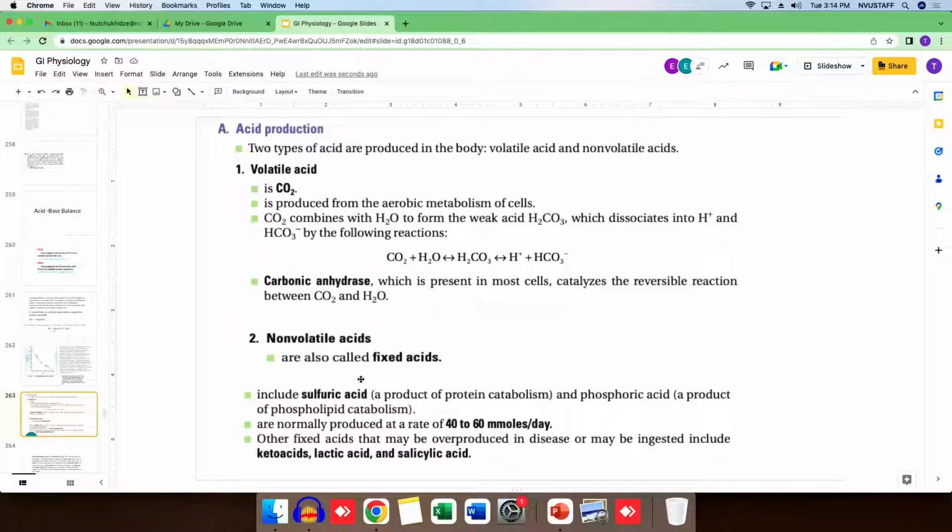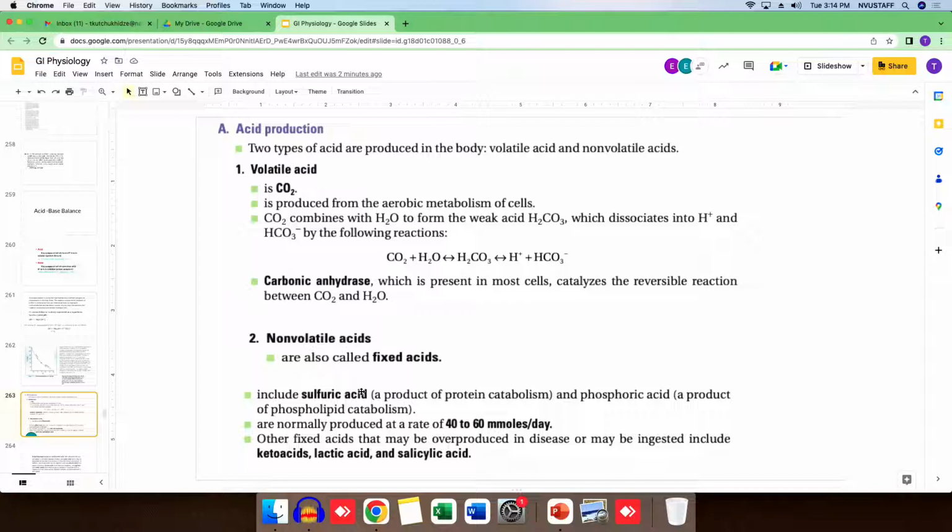And we have non-volatile acids, which are called the fixed acids, meaning that they can't be breathed out. This kind of acid is, for example, sulfuric acid, which is created from protein catabolism. We also have phosphoric acid, which is created from phospholipid catabolism.